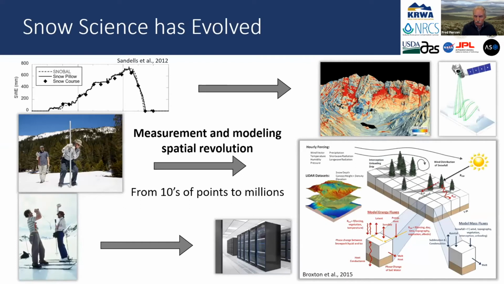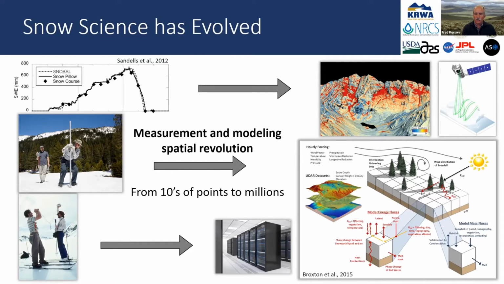The modern approach, where snow science has significantly evolved over the last couple of decades, is what one of my snow scientists likes to call the spatial revolution in hydrology. The idea is that there's tremendous amounts of remote sensing snapshot measurement information that's now available, but how do we make that really usable and tangible down to a water resource manager?